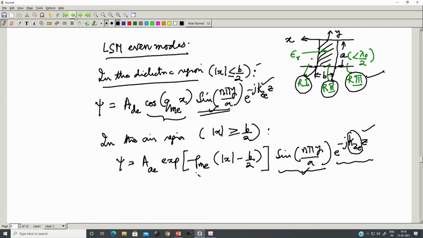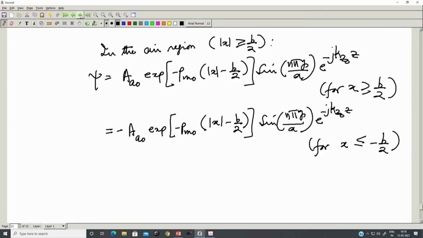So, we have the two forms of the potential function for x greater than or equal to b by 2 and x less than or equal to minus b by 2. Okay, so, this is necessary in order to match the fields for the odd mode on the region 1 and on the region 3, the air dielectric interface on region 1 and the air dielectric interface on region 3, and to describe the variation of the fields in region 1 and region 3 for the odd mode.